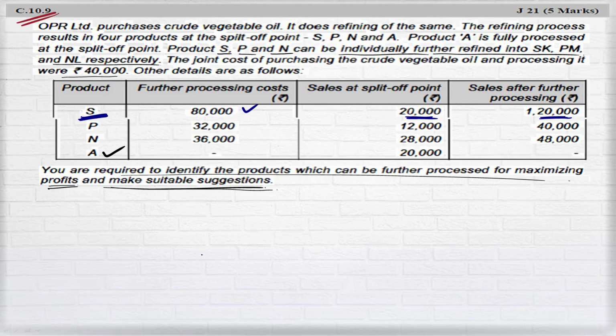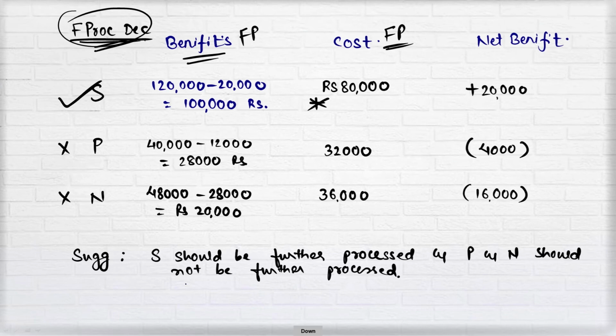There is one point in the question. The joint cost of purchasing the crude vegetable oil and processing it is rupees 40,000. What is this? Joint cost given in the question. See, I am also including it in my answer: rupees 40,000 joint cost is irrelevant.